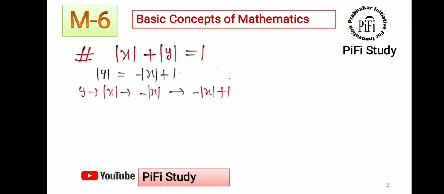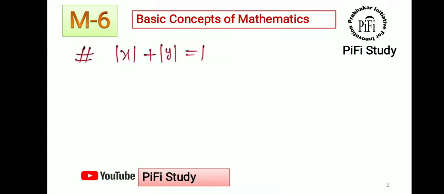So first we will rearrange the terms of this equation, like mod y is equal to minus mod x plus 1. Then we will start to solve the question in this manner: first we will draw the graph of mod x, then minus mod x, then minus mod x plus 1. So how to draw?